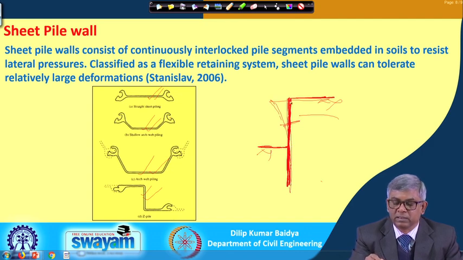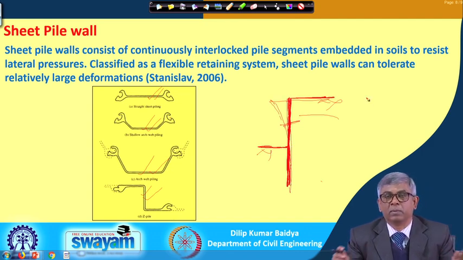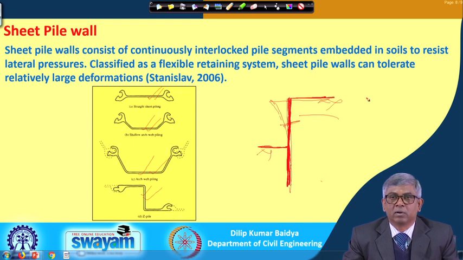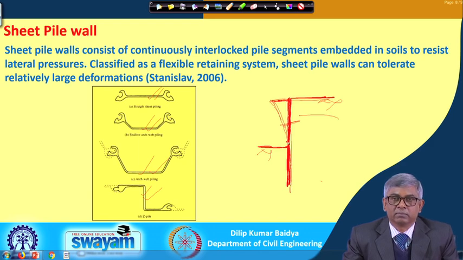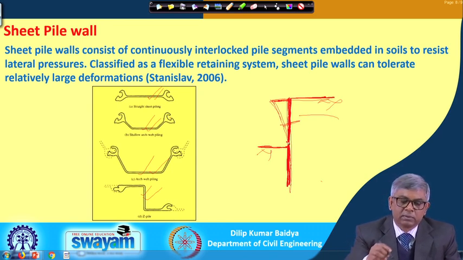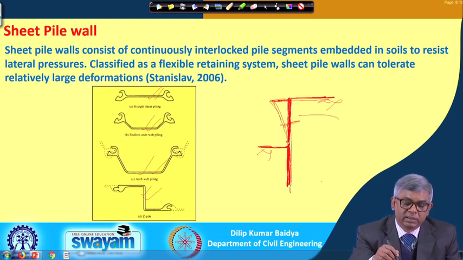In a normal retaining wall we do not allow that much deflection, but here it can undergo a large lateral deformation. That is the difference with a regular retaining wall. So, this is your sheet pile wall, its typical cross section, and how it deforms.